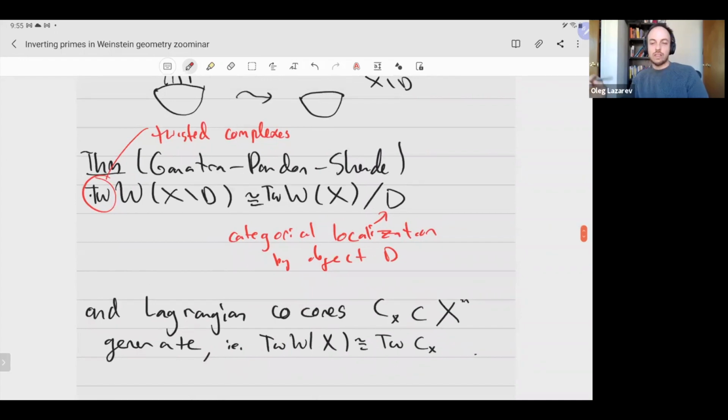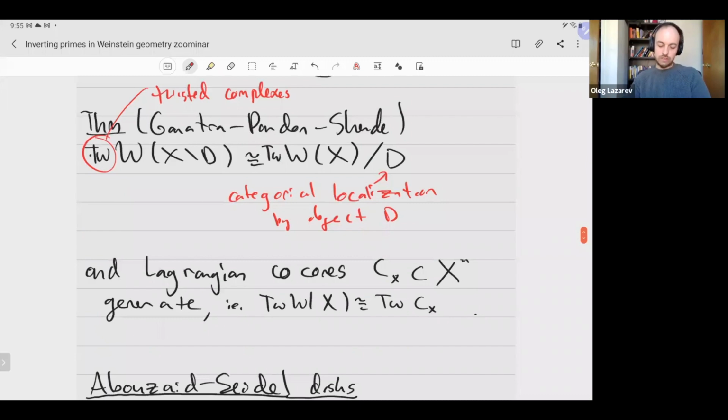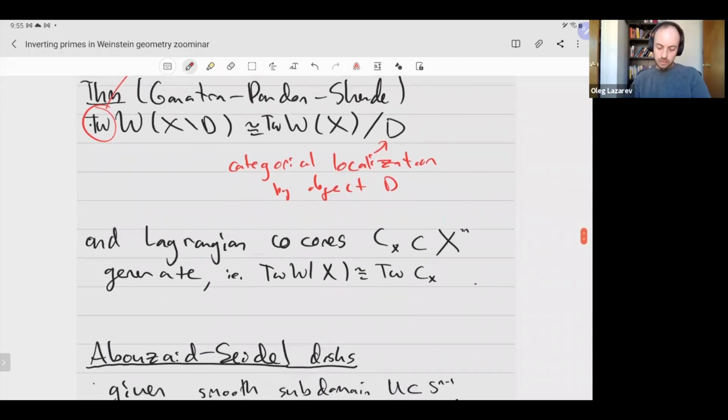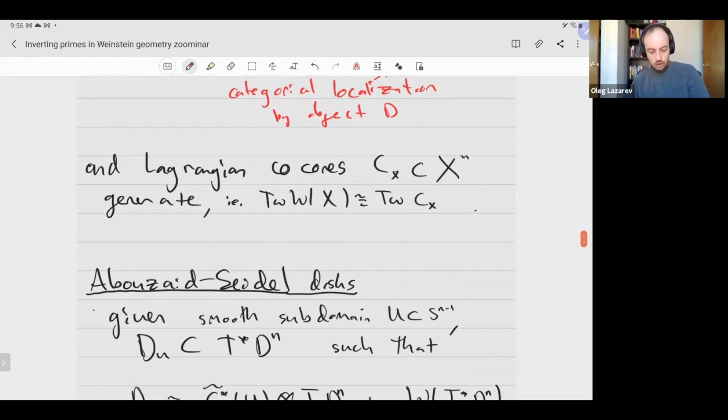Okay, so the main takeaway is that one way, in fact the only way, to get subdomains is by looking at Lagrangian disks and carving out those disks, and the Fukaya category of the subdomain can be computed by this Ganatra-Pardon-Shende formula. So we just need a source of Lagrangian disks, and one source of disks is due to Abouzaid and Seidel in their original work that I already mentioned.